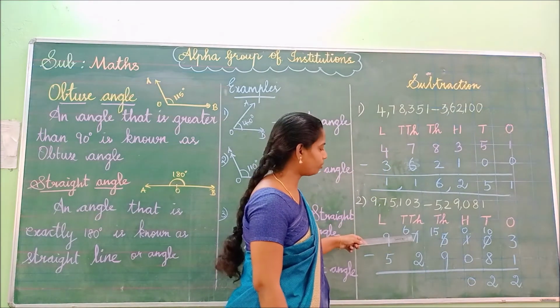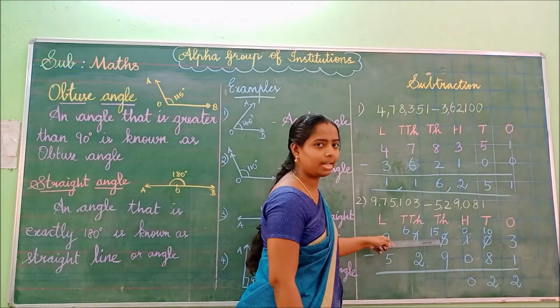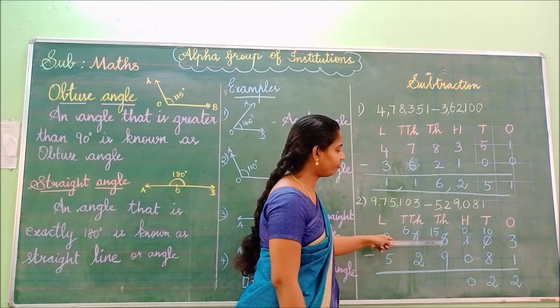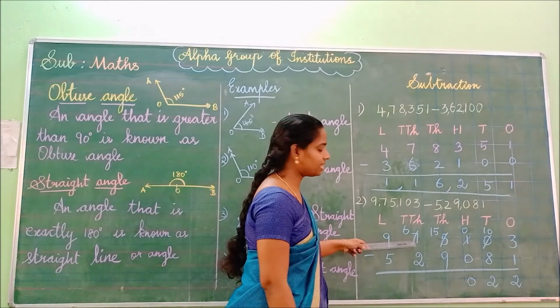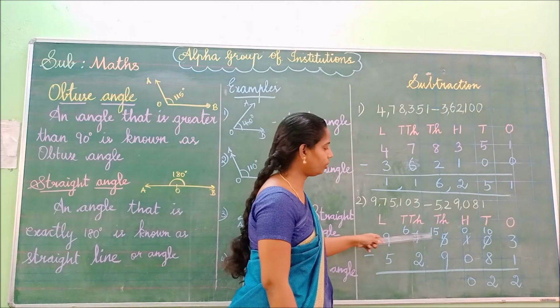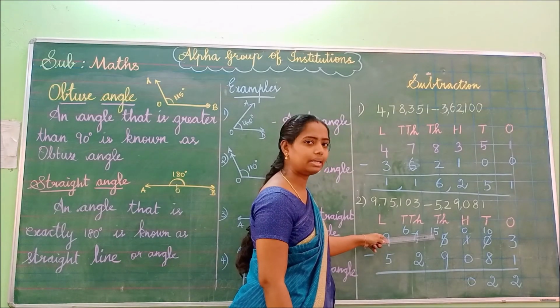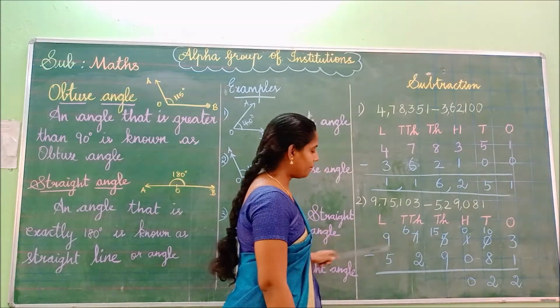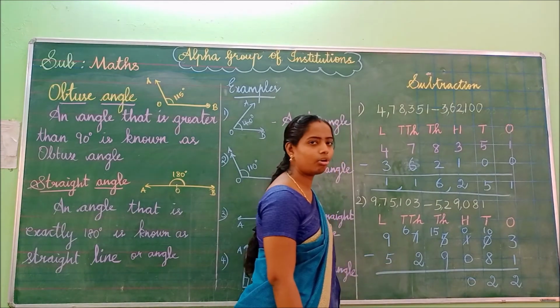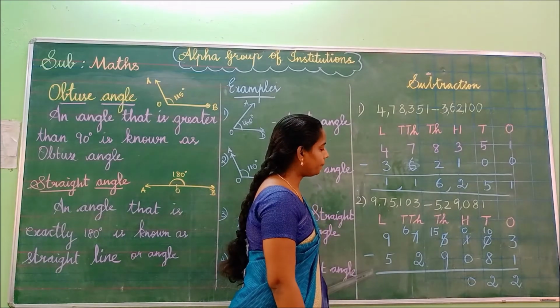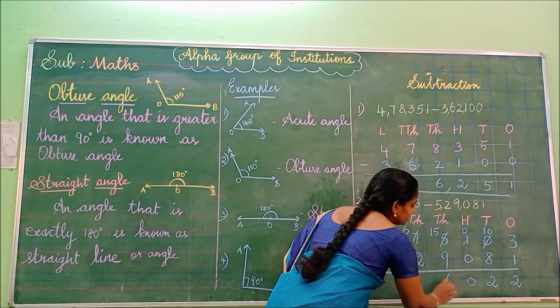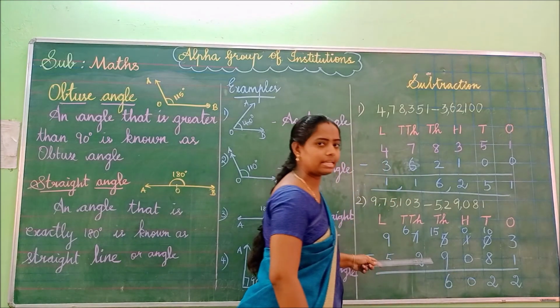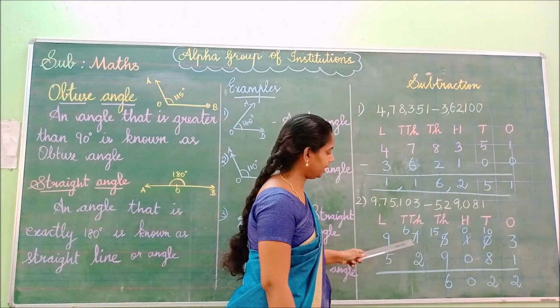Are you clear about it, children? Okay, so now we got the bigger number, isn't it? Now you can subtract. 15 minus 9. How much, children? We got 6.